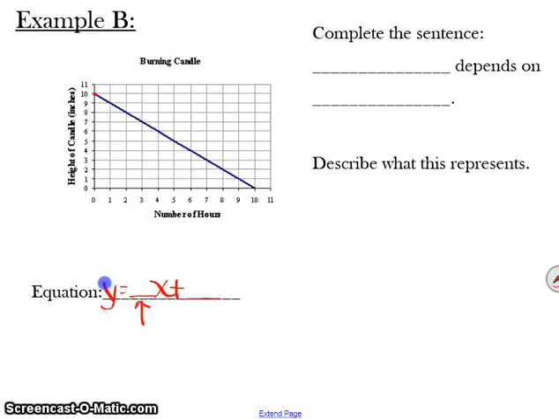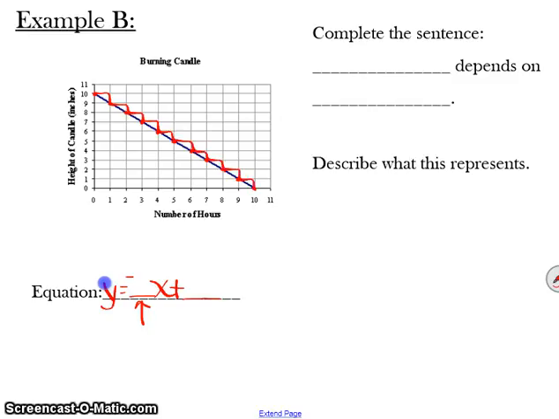Remember, I find some points on my graph, and then I create those stairs. So in this instance, I'm going down. Anytime I'm going down, I know that my rate of change should be negative. So all my stairs are going down.